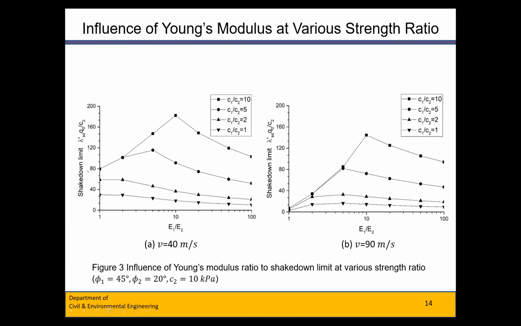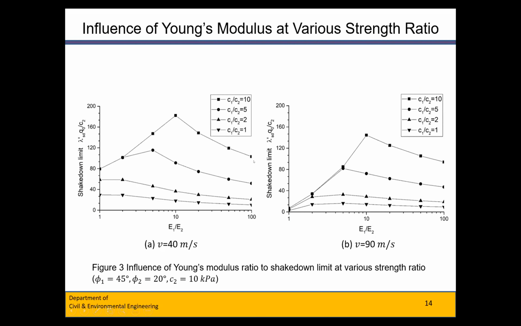However, the shakedown limit goes up first and then goes down at a relatively high cohesion ratio. But if the velocity increases to 90 meters per second, the shakedown limit, named prime SD, increases first and then decreases no matter what value of the cohesion ratio we choose here.